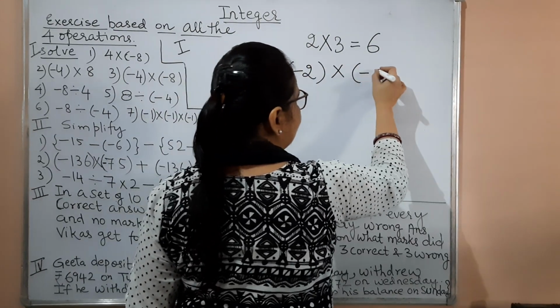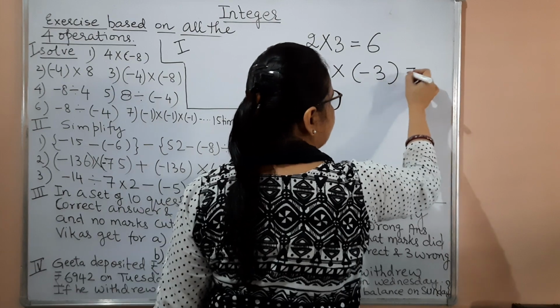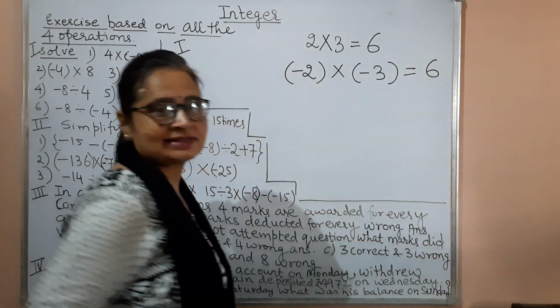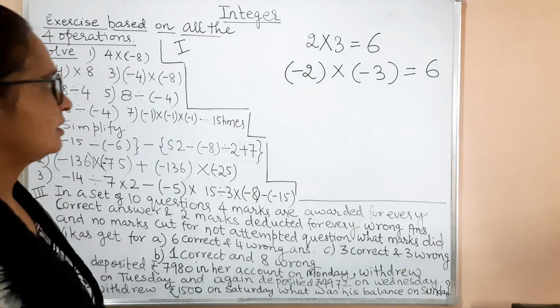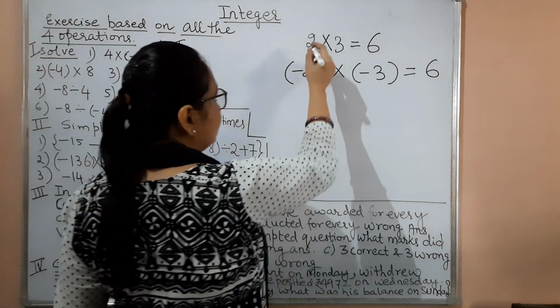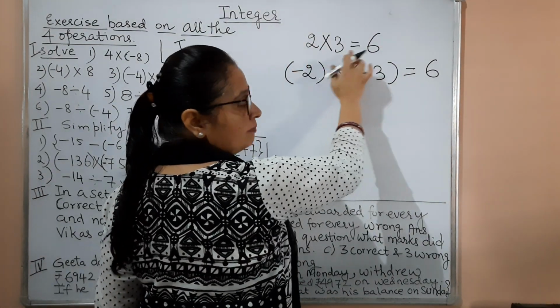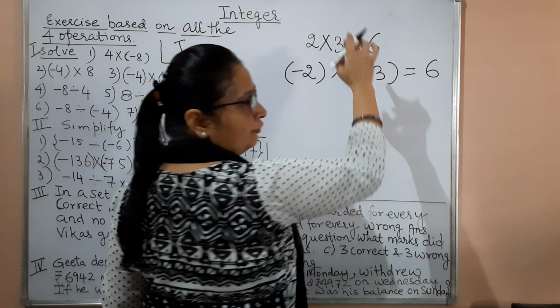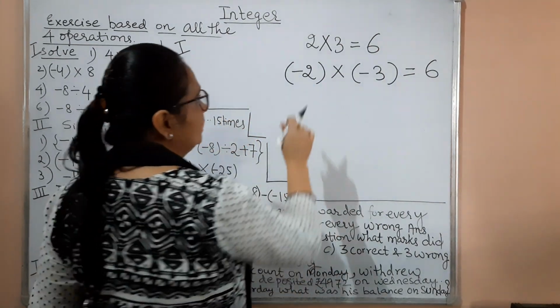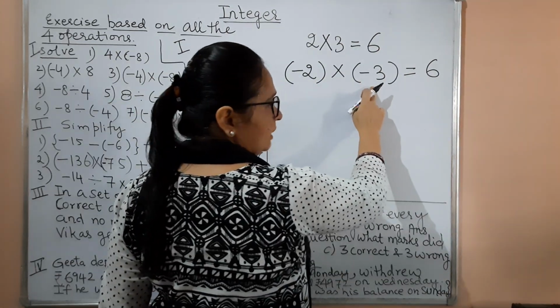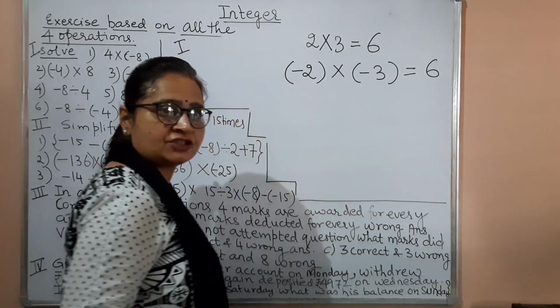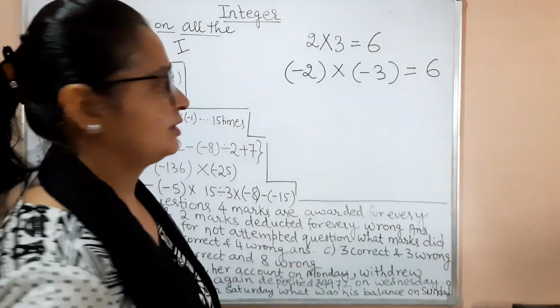If we have minus 2 into minus 3, then also our answer is 6. So two positive numbers, when multiplied, give a positive result. Two negative numbers, when multiplied, also give a positive result. This we have to understand.